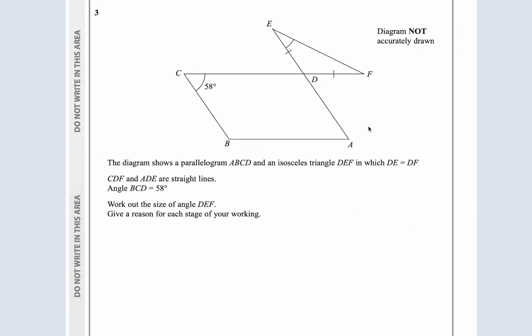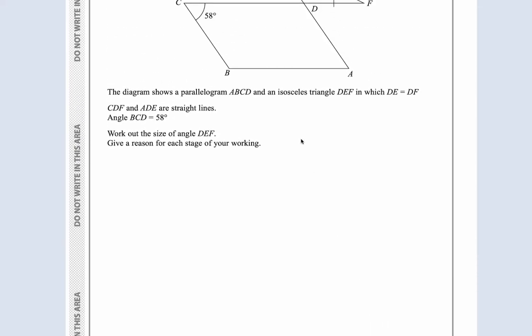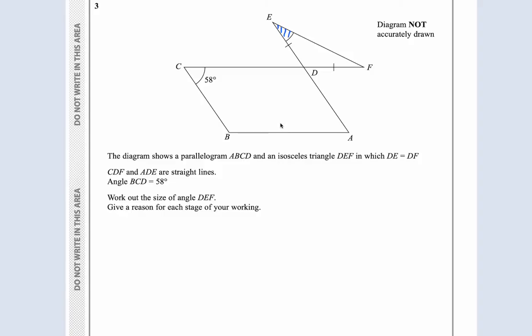Okay, question 3. We have a parallelogram and an isosceles triangle. Work out the size of angle DEF. So we want this angle here. Give a reason for each stage of your working. I'll just check the number of marks, guys. So it's 5 marks. So I'm expecting there to be, not necessarily that it's difficult, but a bit of work to do.